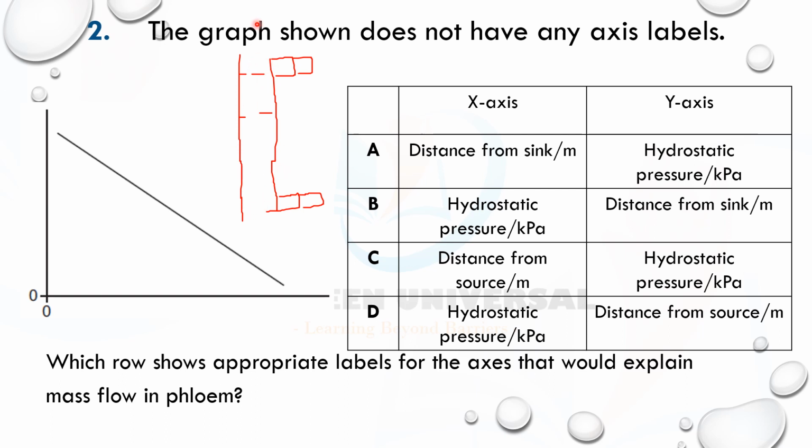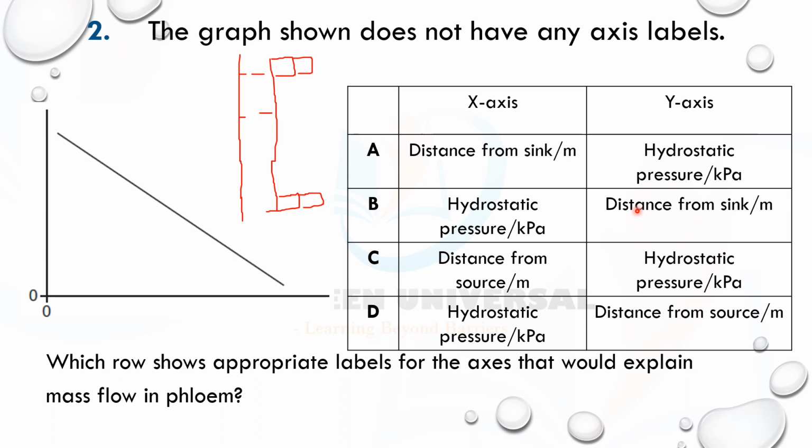So what really affects each other? Is it distance from the sink? No, that is not going to be the answer because it's moving from source to sink. Distance from the sink shouldn't be there.